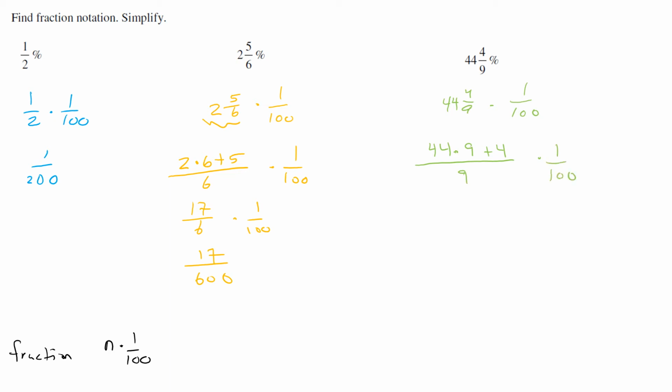So this is going to give us 44 times 9 plus 4, so 400 over 9 times 1 over 100. So that's going to give us 400 over 900. We see these are both divisible by 100. They both have 2 zeros there. And so this will be 4 over 9. Can't get any more simple than that. So that's going to be our fraction notation.